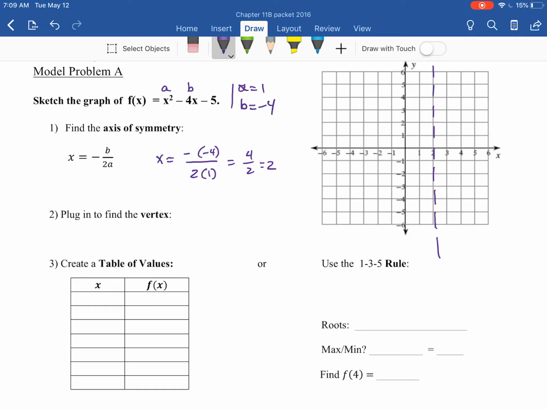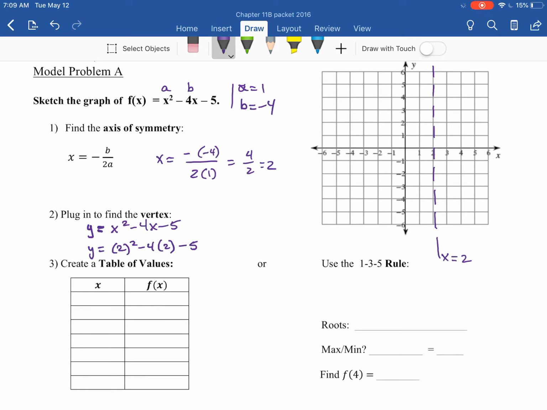Okay, now we're going to plug that in to find the vertex. The vertex is where the turning point is going to be on that line, and we know that it's going to have an x coordinate of 2. We just don't know where on the 2 it's going to be, so we're going to plug that in. So if y equals x squared minus 4x minus 5, and I plug in 2, that's 2 squared minus 4 times 2 minus 5.